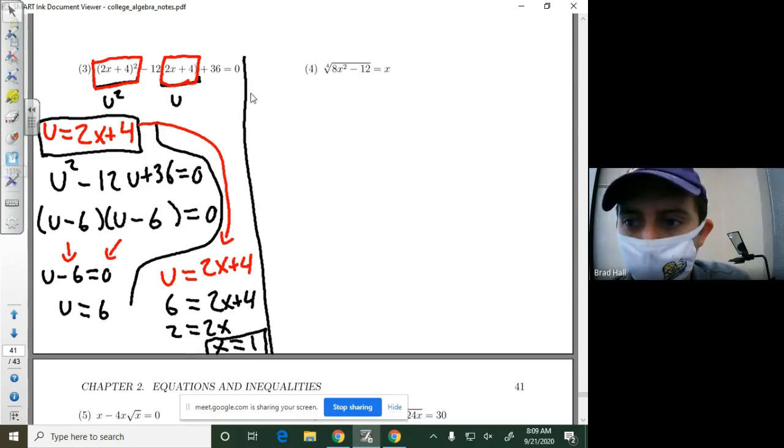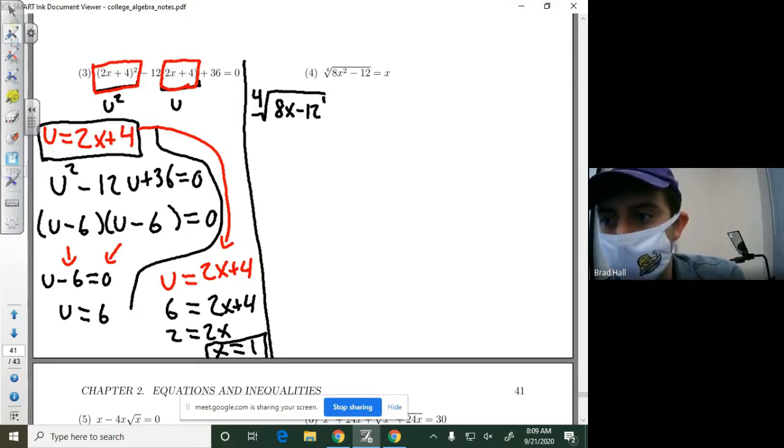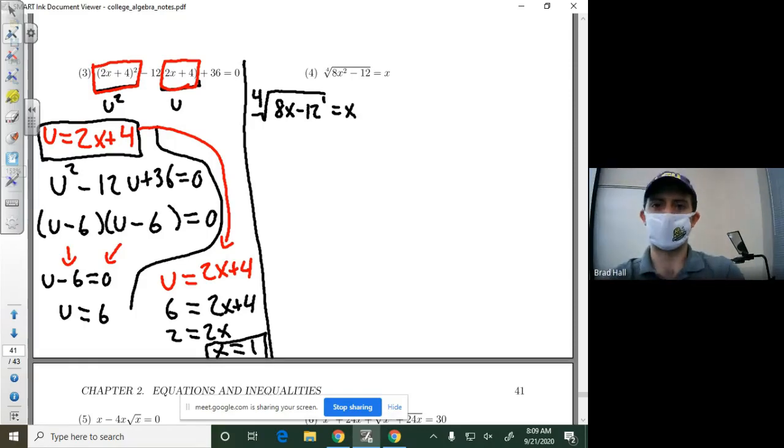So I'll just rewrite the problem here. With radical equations, if we isolate the radical, we can raise both sides by the root.